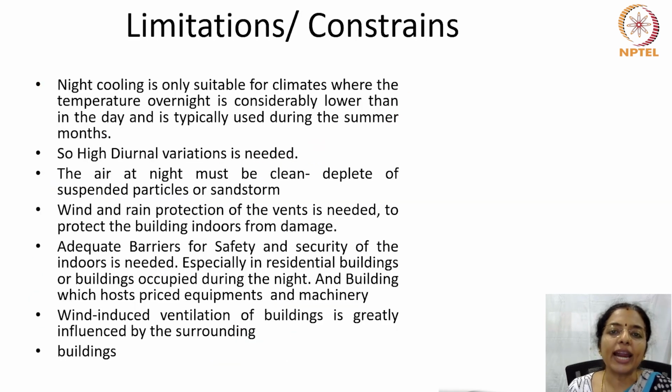Now let us look at the limitations and constraints. Night cooling is only suitable for climates where temperature overnight is considerably lower than in the day, and is typically used during summer months.